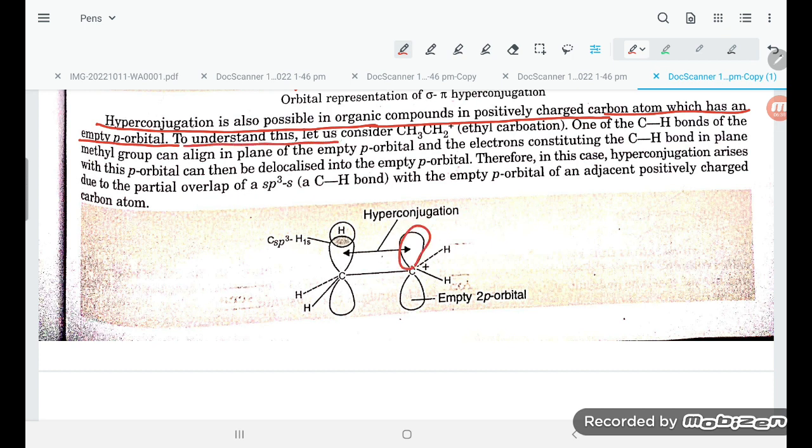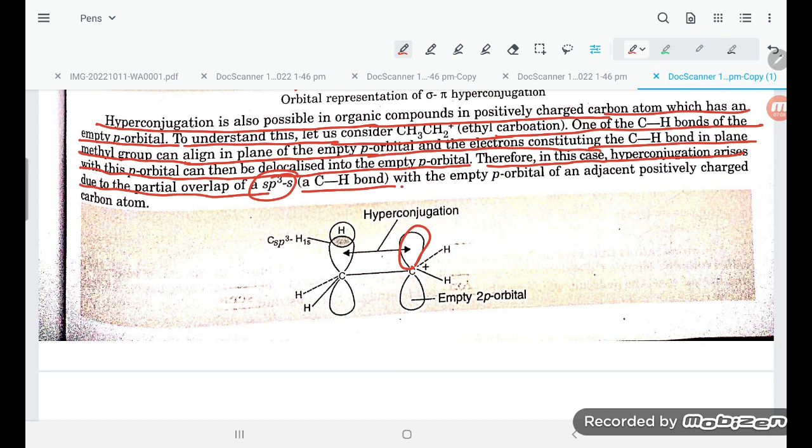To understand this, let us consider the CH3CH2+ ethyl carbocation. One of the C-H bonds of the methyl group can be aligned in the plane of the empty p orbital, and the electrons constituting the C-H bond in plane with this p orbital can then be delocalized into the empty p orbital. Therefore, in this case, hyperconjugation arises due to the partial overlap of the sp3 C-H sigma bond with the empty p orbital of the adjacent positively charged carbon.